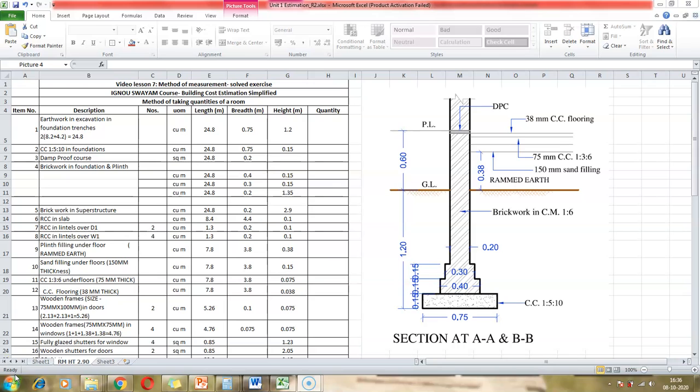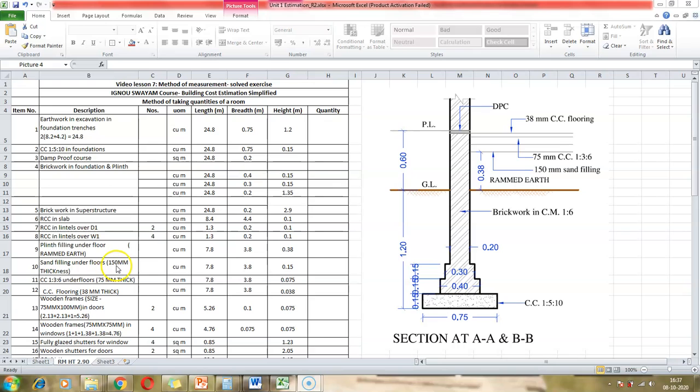The next quantity that we are going to look at is the sand filling under floors for 150 mm thickness. Again, like in plinth filling, we are going to take the inner dimensions of the room. So we carry over 7.8 and 3.8 as we did in the previous item. What remains to see is the height of this item, sand filling.